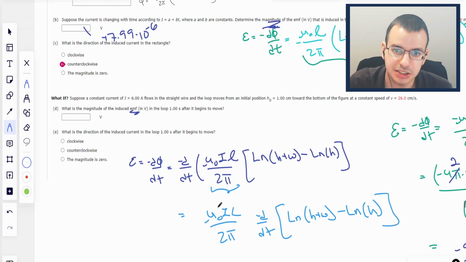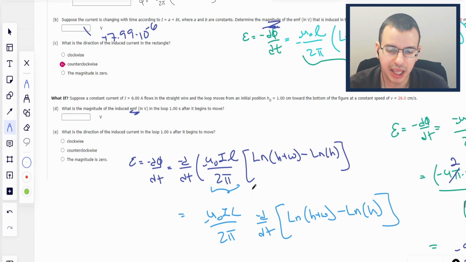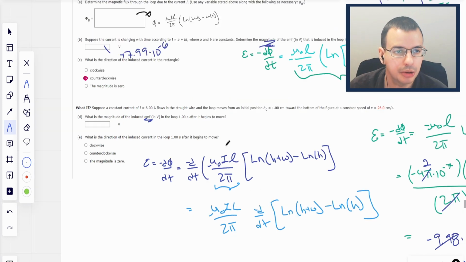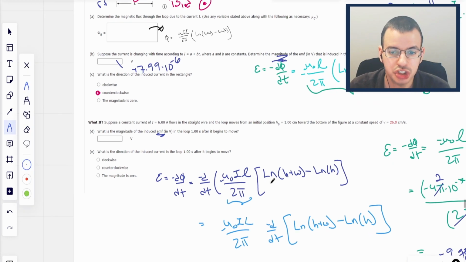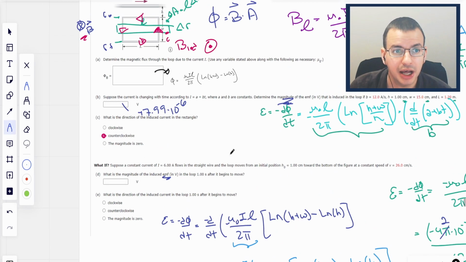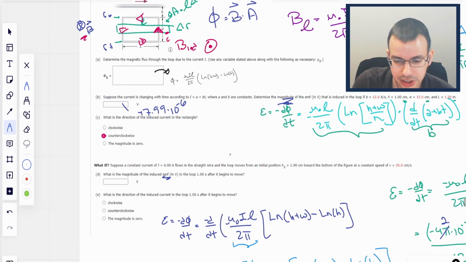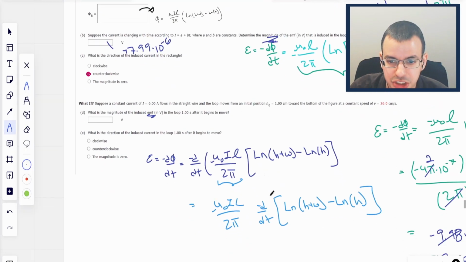Now, the thing is, w is constant, but h is changing. So h is going to be changing here.